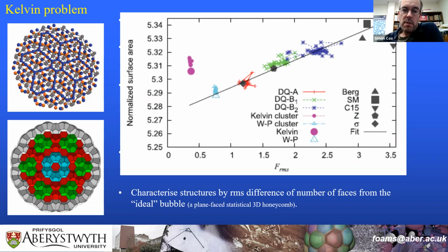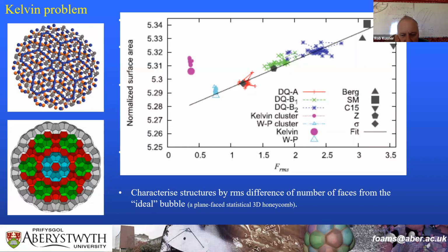So to make a fairer comparison, we also tried clusters of Weaire-Phelan bubbles, which is why you see lots of little coloured-in triangles just above the main Weaire-Phelan triangle. Can I just say, I'm reading your caption, but can you describe a little bit F RMS?